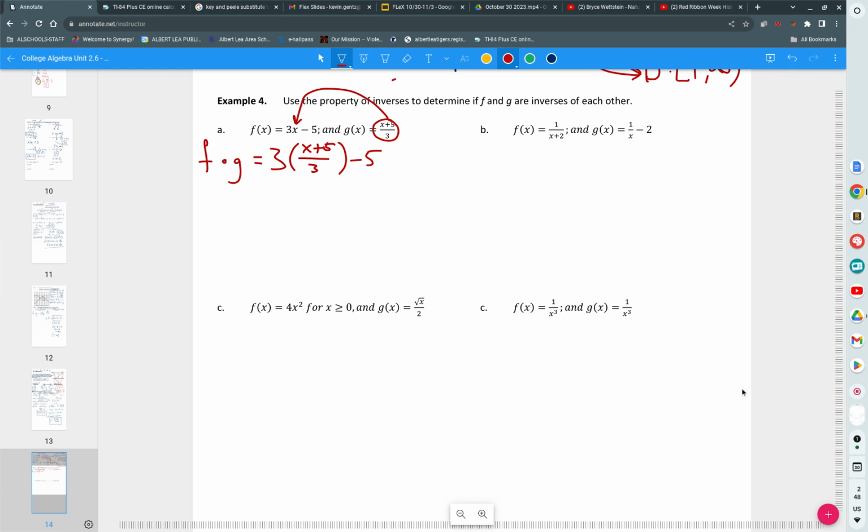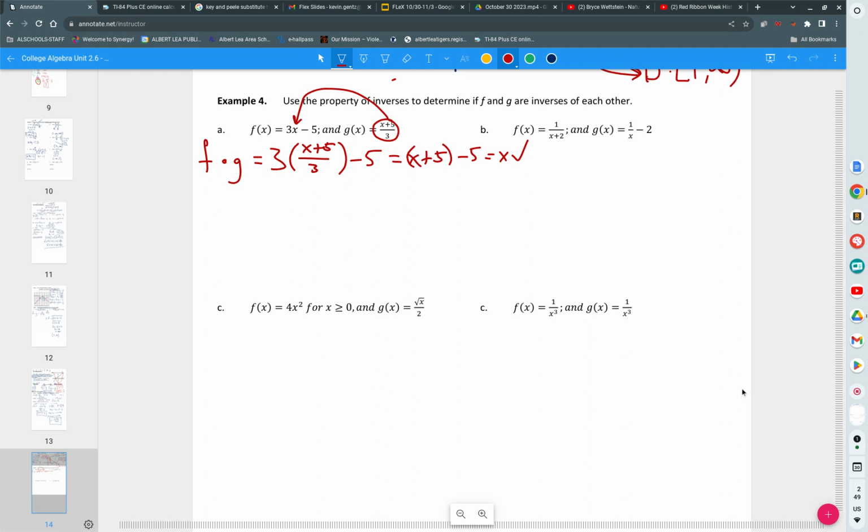What cancels? The times 3 and divided by 3. So I end up with x plus 5 minus 5. And then what does x plus 5 minus 5 give me? This gives me x. That worked out pretty well, didn't it?